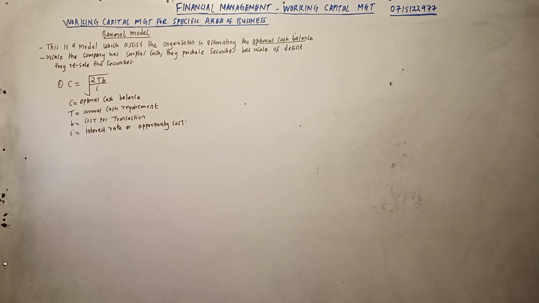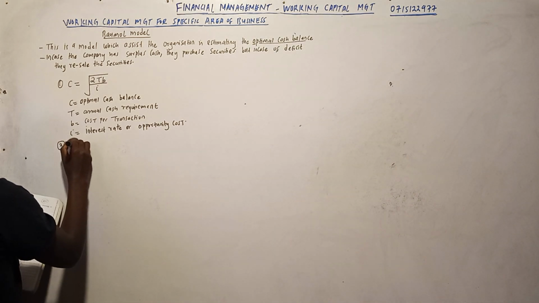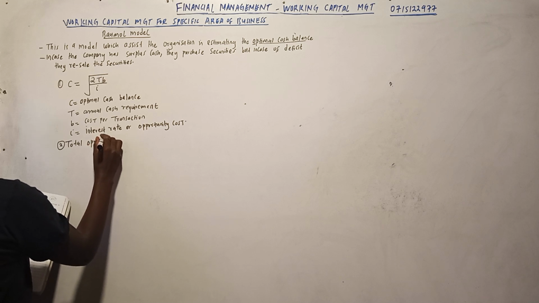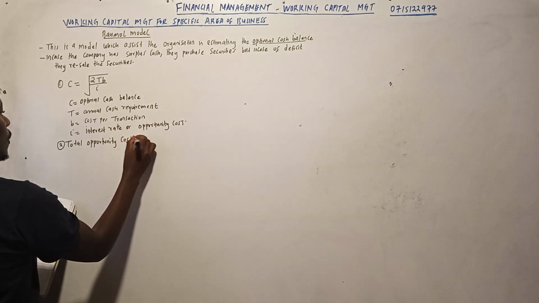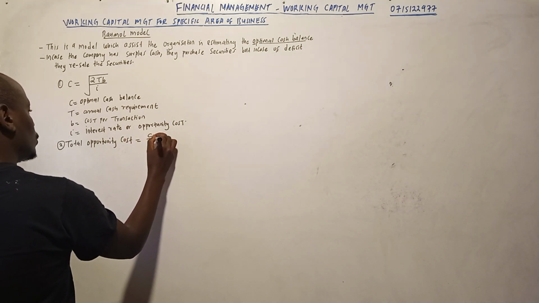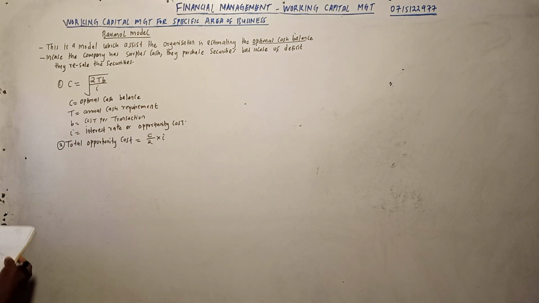You can go to the second formula, number 2, total opportunity cost. Total opportunity cost is equal to C over 2 times I.